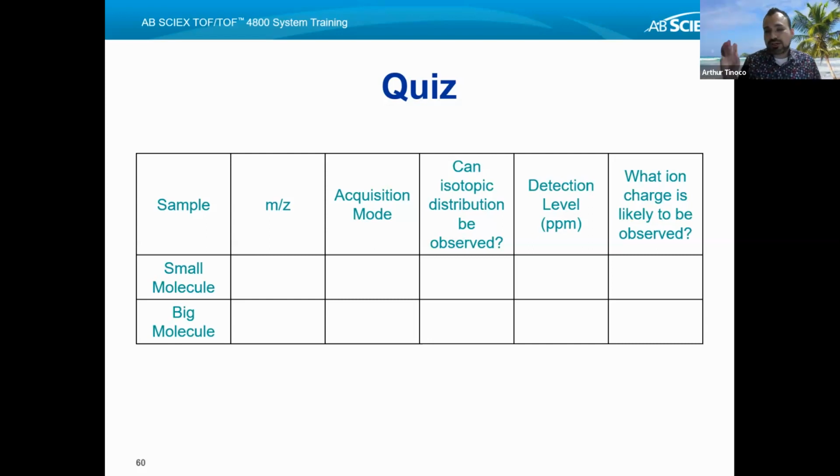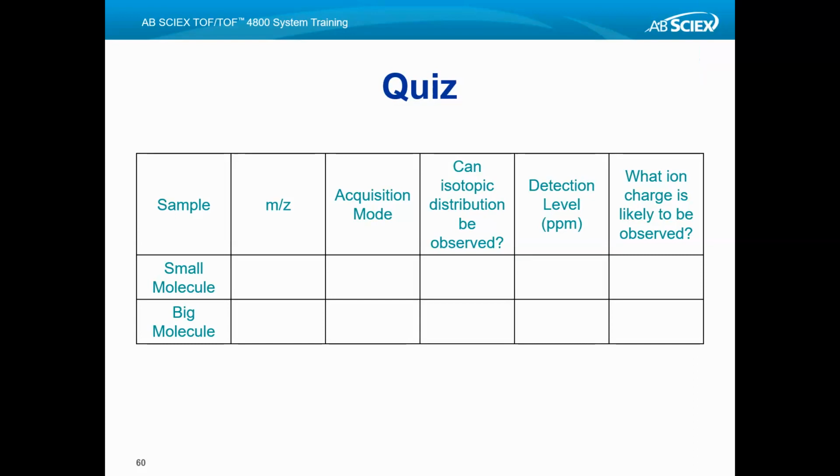Okay. So someone who's not any of these people now, for ion charge likely to be observed for big molecules. Okay, who else is left? Renee. Plus or minus 2. Bianca, good. Plus or minus 2. And what else? Renee. Neutral molecules?